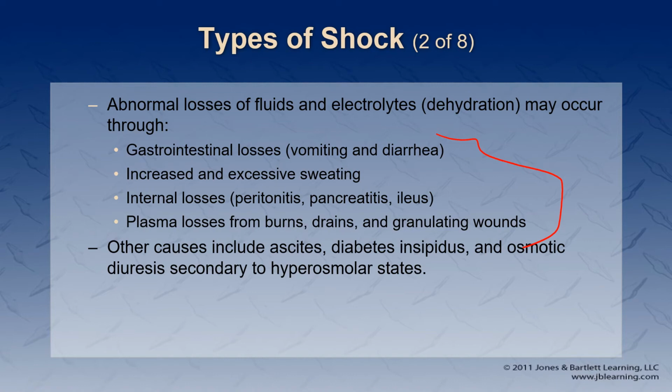By internal losses here, it's worth clarifying that this is different than the interstitial fluid that happens with vasodilation. These internal losses are where you're going to see things like ascites, right, where the fluid is accumulating in a body cavity and it cannot get back into the vascular space.